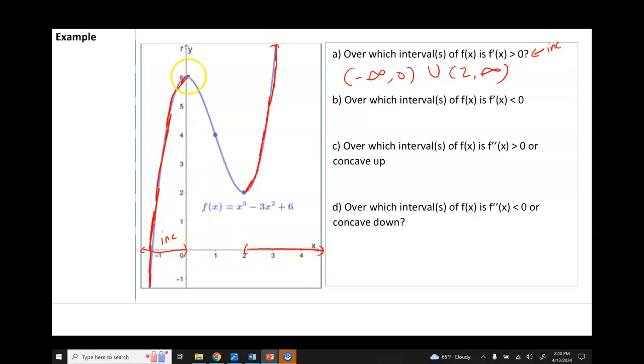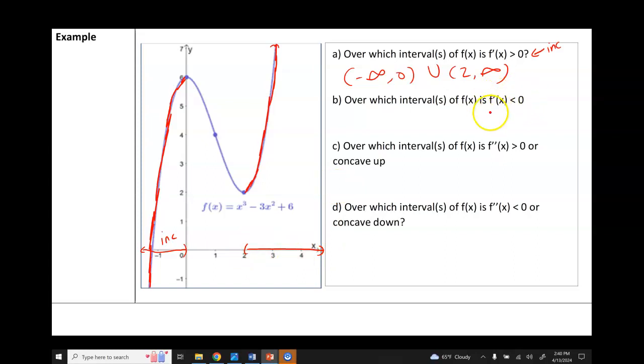Then between the x values of 0 and 2, the function is decreasing. Don't look at the y values, look at the x values. That's what we measure for increasing, decreasing. And then from 2 to infinity, the function goes up again. So it's going to be increasing in this red part from negative infinity to 0, and then from 2 to infinity. Only look at the x values.